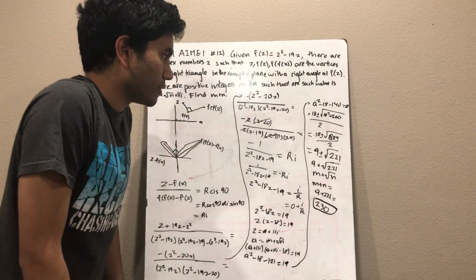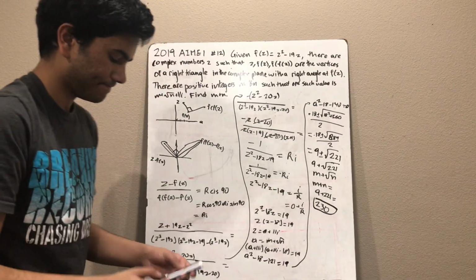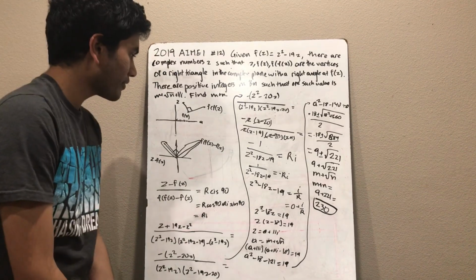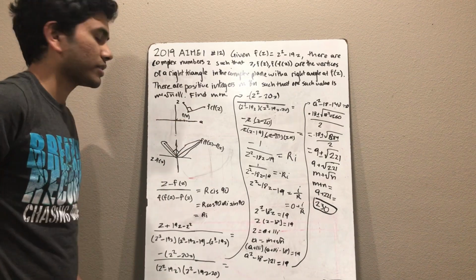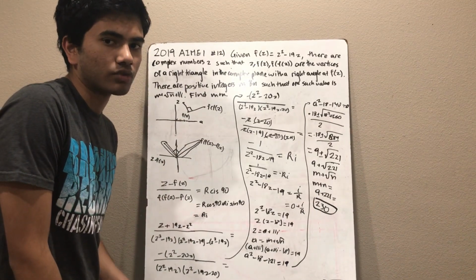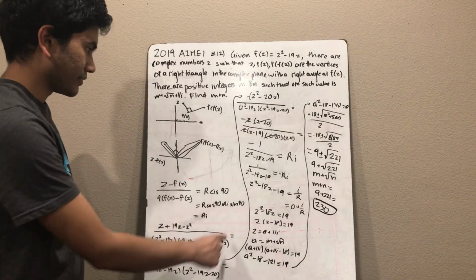So that's how you do this problem. Again, I'm just going to summarize how we did this problem real quick. We worked off the fact that when you subtract the complex numbers, they make a ratio that is purely imaginary and has no real component. And that's what we based our algebra off of.